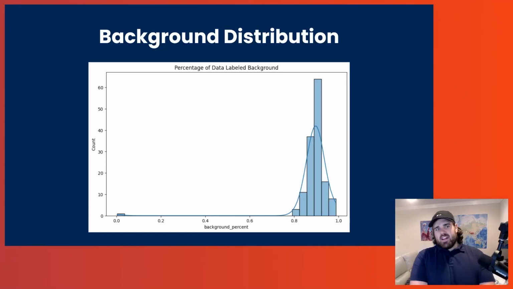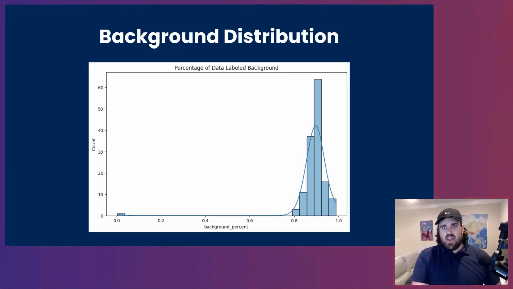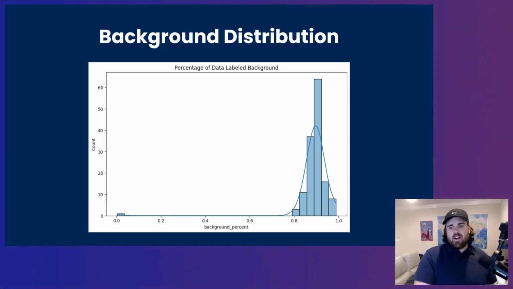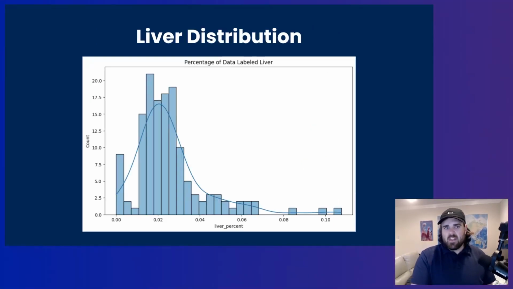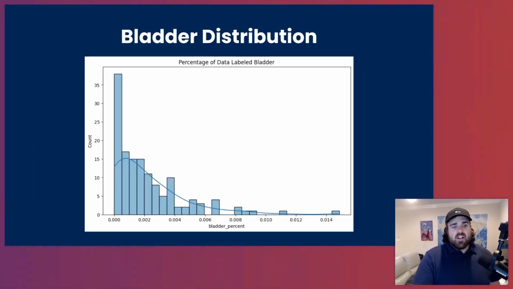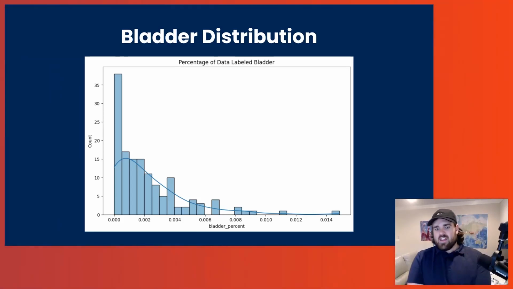So I went ahead and did a distribution of each of the label percentages in the data set. For background, you can see that most of the labels are background. Here's the liver distribution. This one's not that bad. Here's the bladder distribution. You can see a lot of them have 0 or close to 0 labeled bladder, which is one of the things that we actually want.